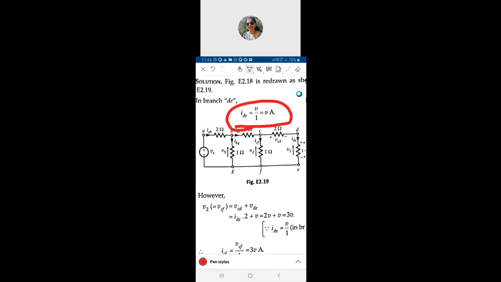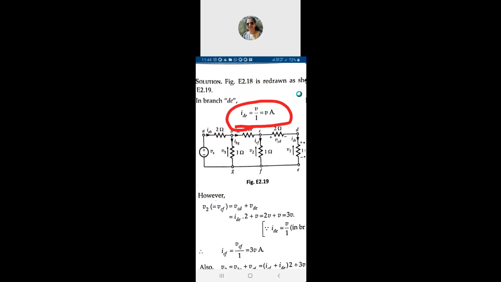However, we'll try to find out V2. V2 is in between the terminals C and F. You can see V2 is here in between two terminals. V2 is the potential drop across the resistor.